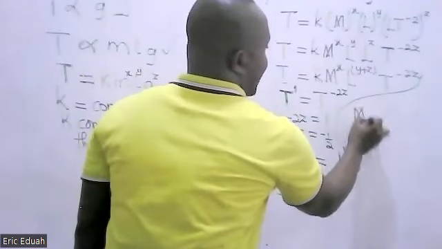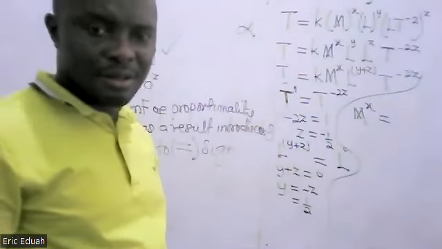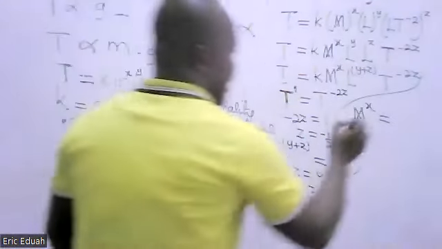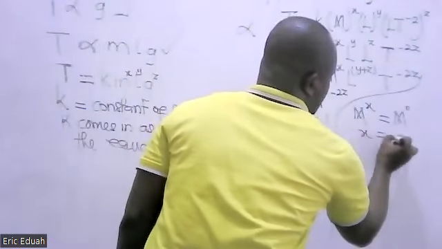M to the power x will be equal to M to the power 0. Good. Therefore, x is equal to 0.